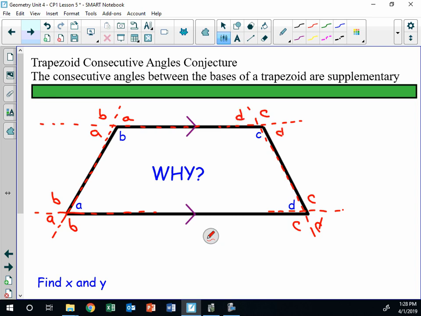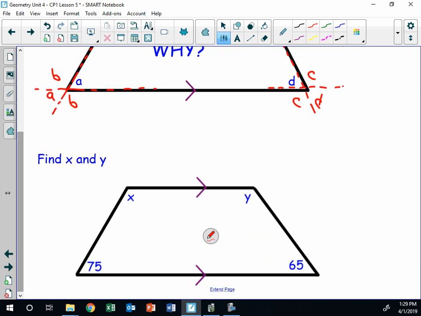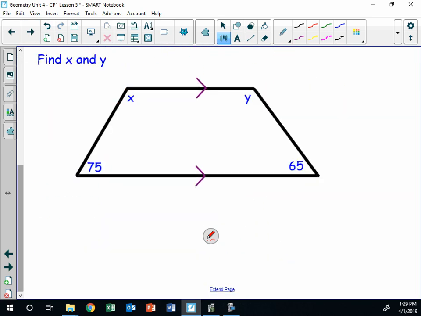So we can see in this entire picture, there are only four possible angles created from the trapezoid based on the fact that we have parallel lines. So now that makes our work a little bit easier once we get to this picture. If you want, turn it into a parallel lines intersected by a transversal picture.